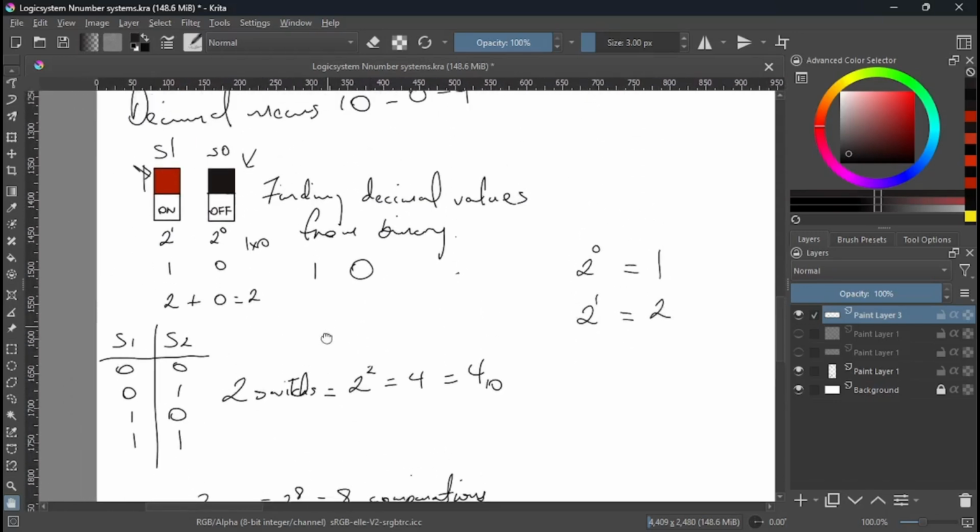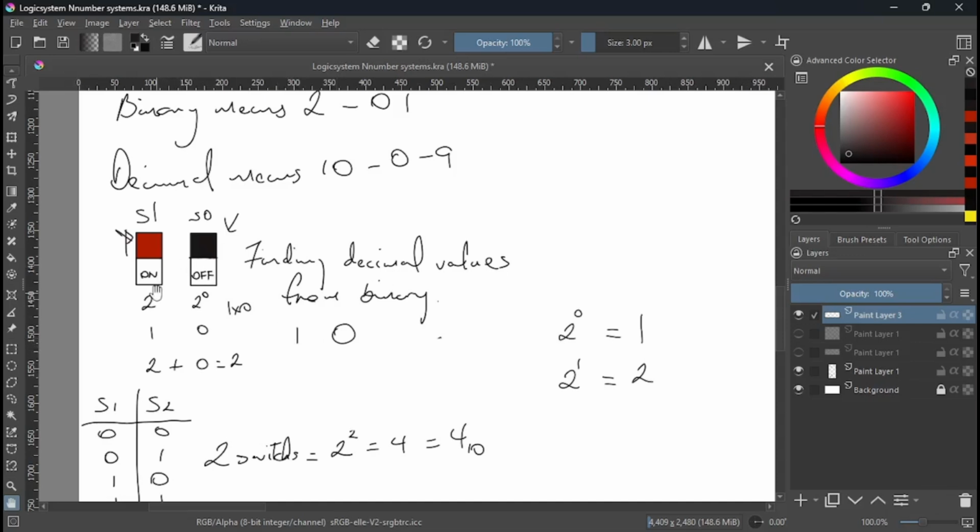If we have two switches, on and off, we could represent the on with a 1 and the off with a 0. Switch 0 is the first switch, and in computers a lot of the maths starts from 0.